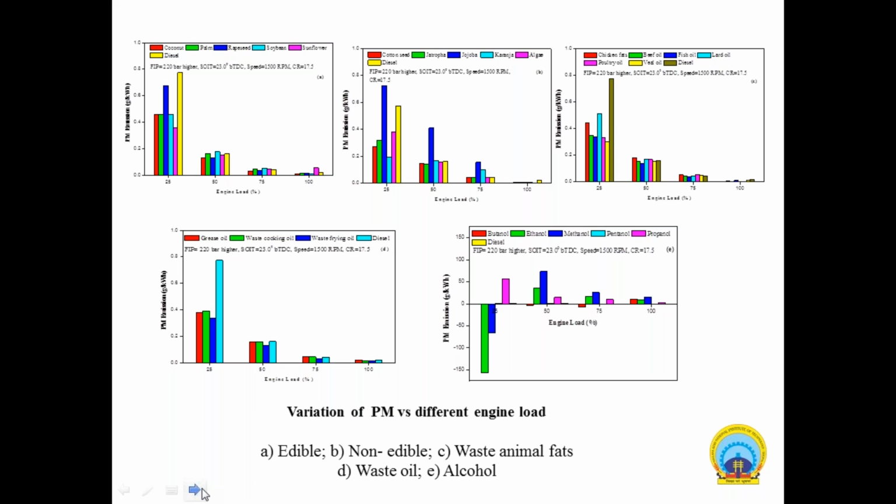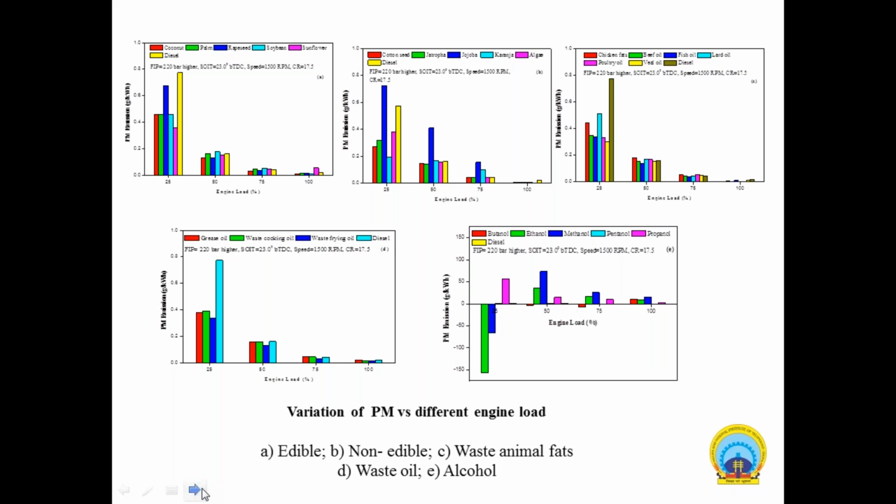Again in this there are five categories: edible, non-edible, animal fat, waste oil and alcohol. It can be observed from the graph that PM emission decreases with increase in engine load. The fraction of specific PM emission in exhaust gas is lowered by around 40% for coconut biodiesel, and we have to compare all these different categories with diesel only.